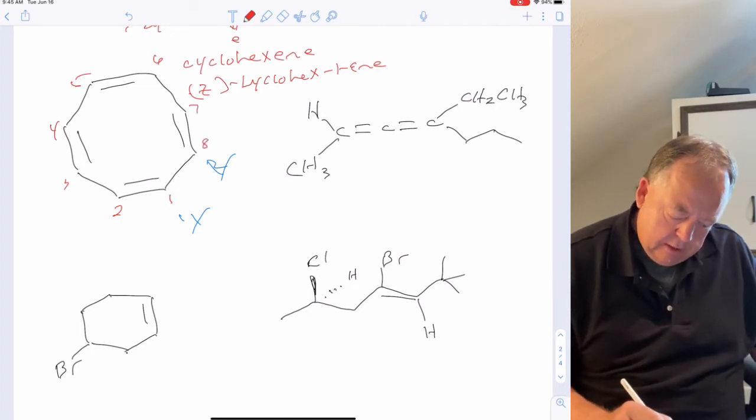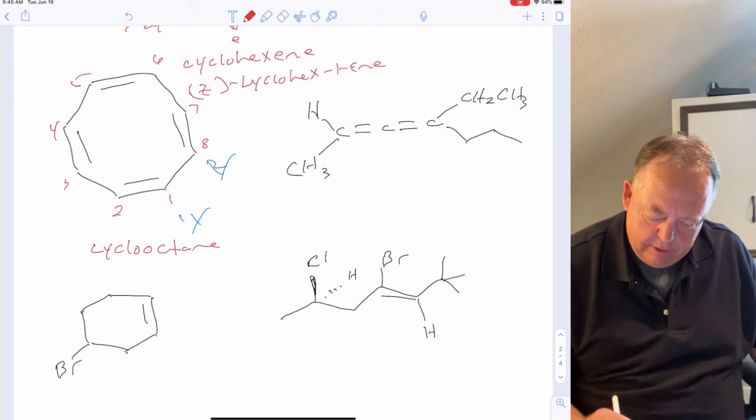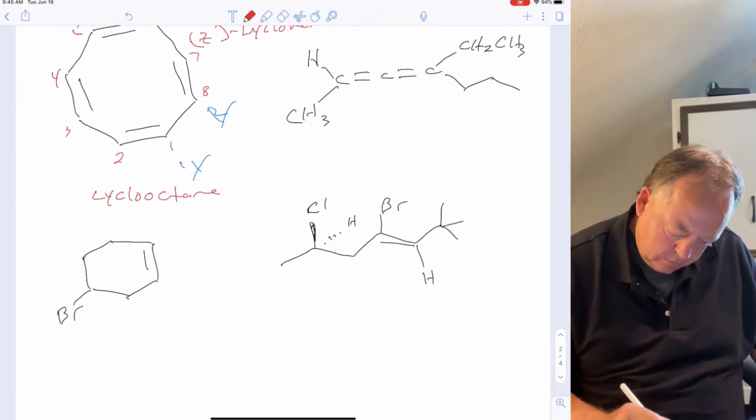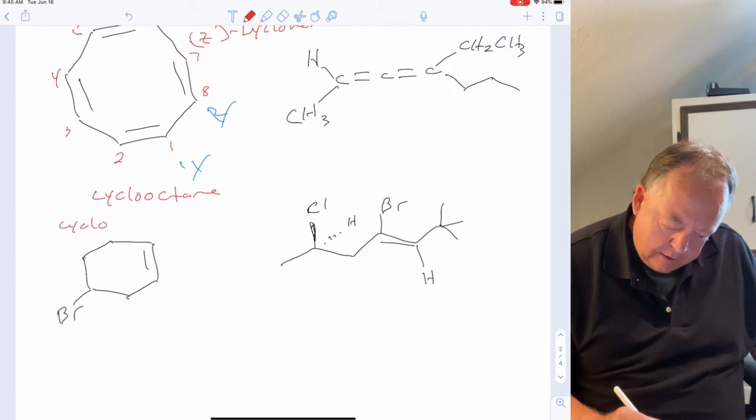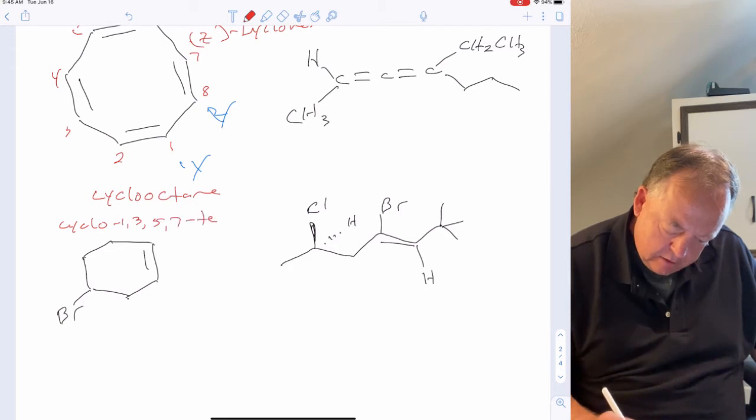So this would be cyclooctane. And 4 double bonds, so it would be a tetraene. So we could say cyclo 1, 3, 5, 7 tetraene.